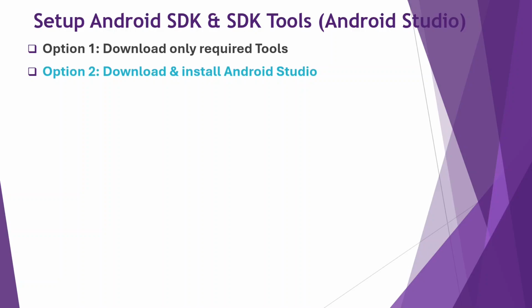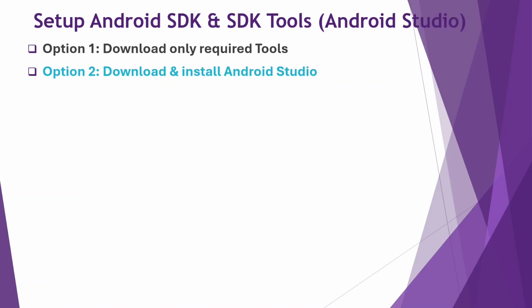Another method is you can download and install Android Studio. So what are Android SDK and SDK tools? SDK tools provide a capability to connect to your real mobile device or to create a virtual device so that you can start automating your mobile test cases.